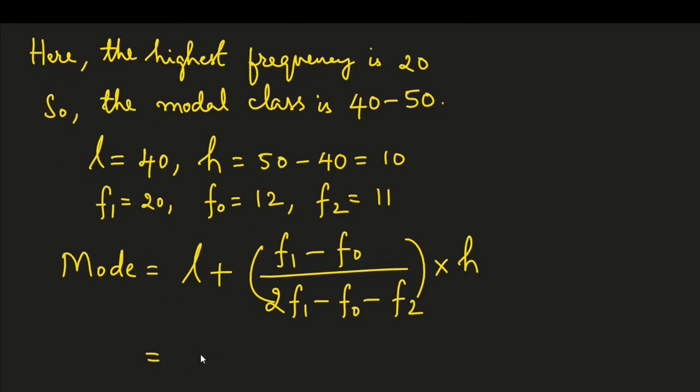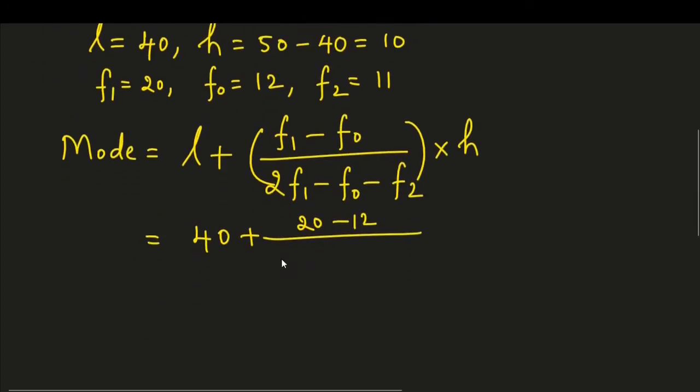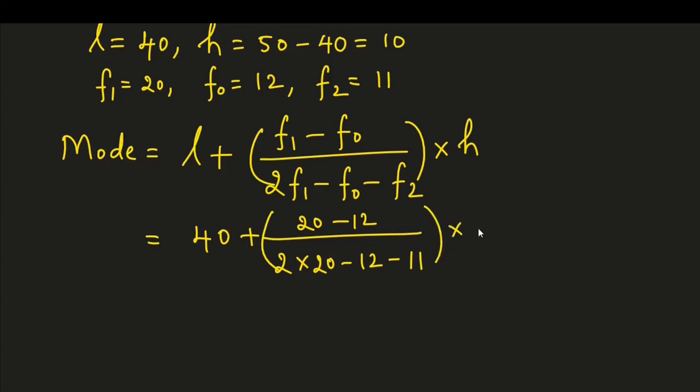Mode is equal to 40 plus 20 minus 12 by 2 into 20 minus 12 minus 11, whole into H, which is 10. So it is into 10.